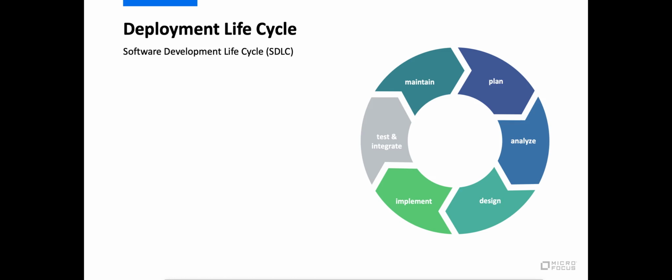In a common deployment lifecycle, this is a textbook software development lifecycle example, which starts with planning and then goes through all the different cycles of the SDLC, and then it ends with maintaining and then planning for the next iteration or the next phase of the software.